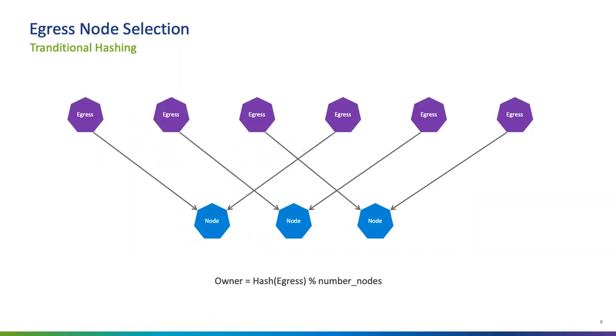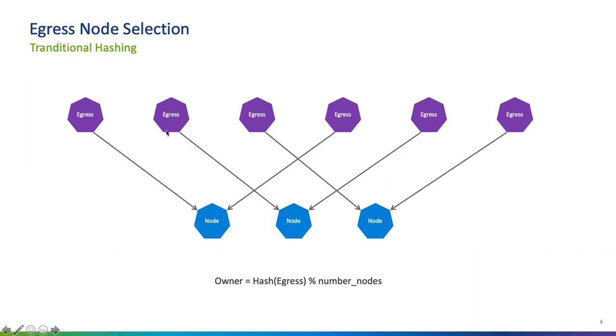And another thing we need to consider is how we select the egress node for each egress. In the traditional way, we could just calculate the hash value based on the egress metadata, and then map the resource to a node with a modular operation.